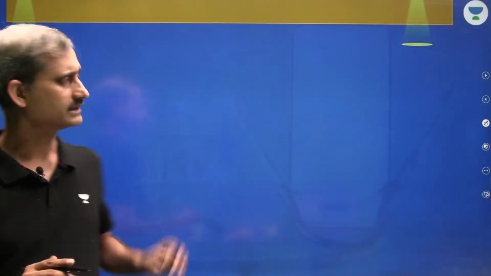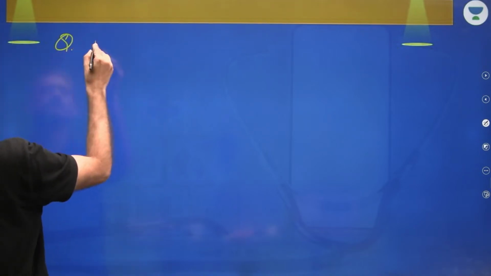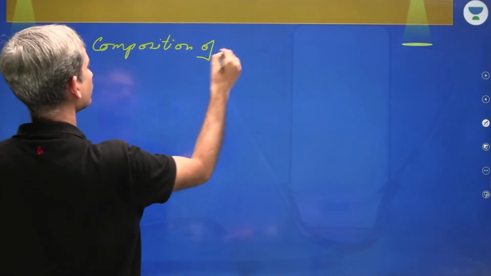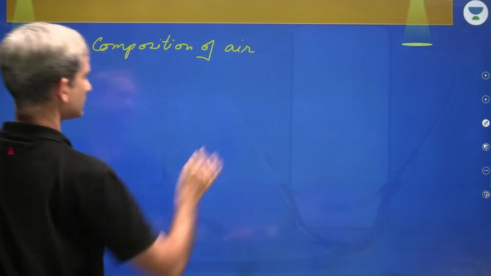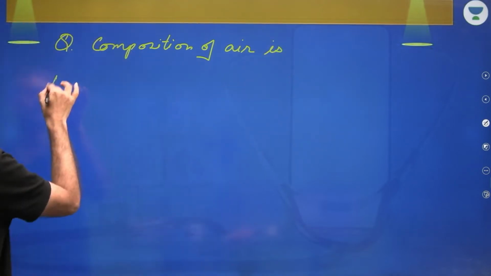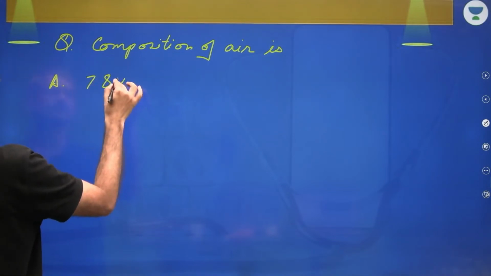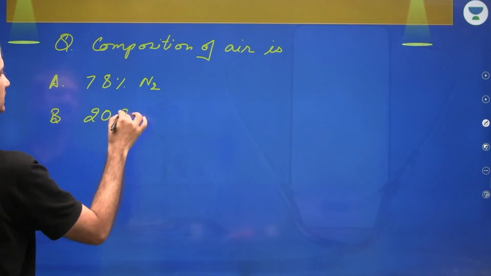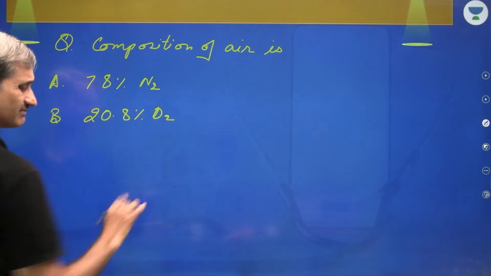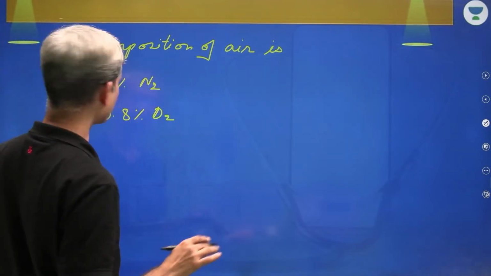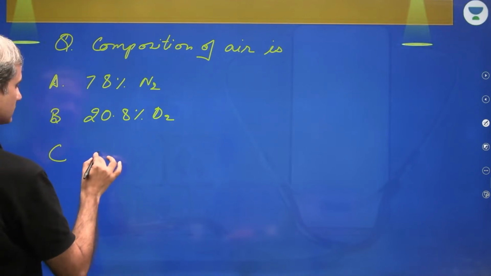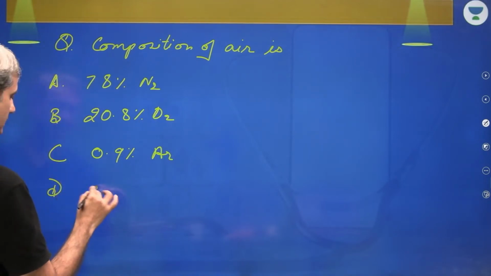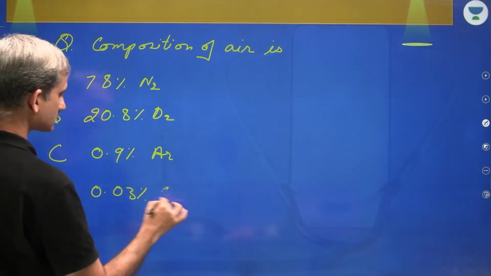The composition of air is: A, 78% nitrogen; B, 20.8% oxygen, well, I am not saying it exactly, there could be some decimal differences; C, 0.9% argon; and D, 0.03% CO2.